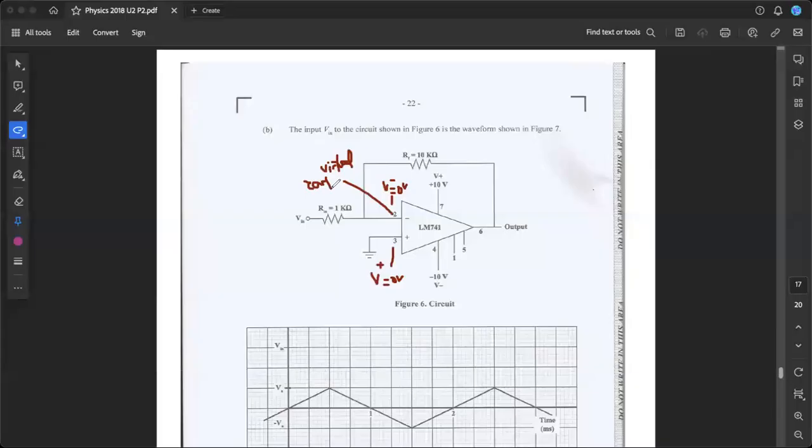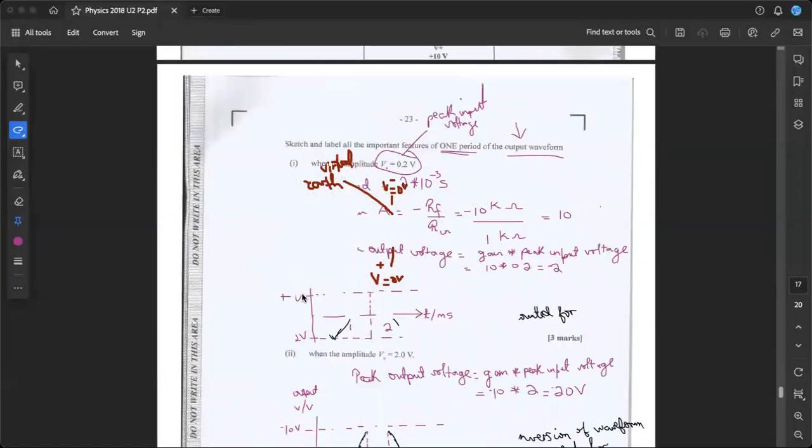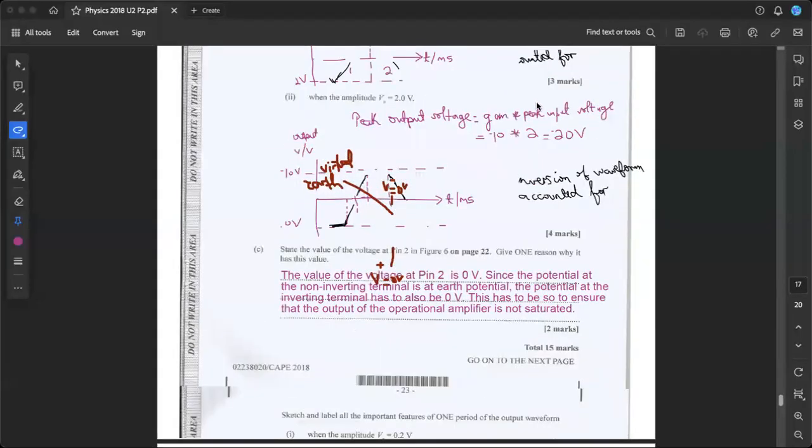So again, both of those voltages have to be equal. And because we know that this one is 0 because it's grounded, we know that this one has to be 0 as well, okay? So that's our answer for that part. So let's scroll back down and see what else they were asking us.